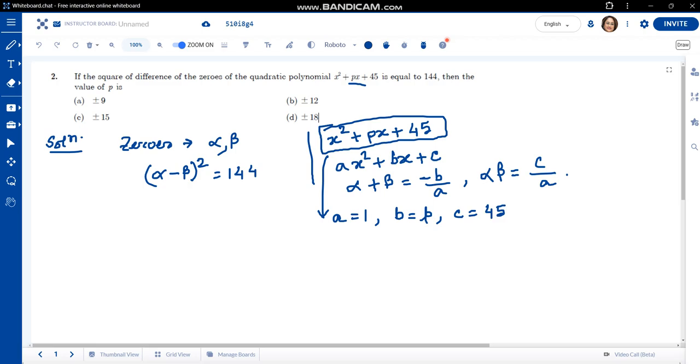So now alpha plus beta will be, according to this formula, minus b by a, means minus p by 1, that is minus p. And alpha beta will be c by a, that means 45 by 1.